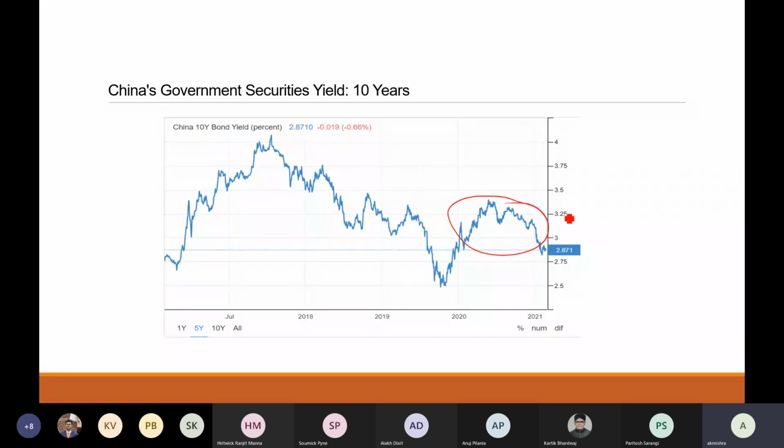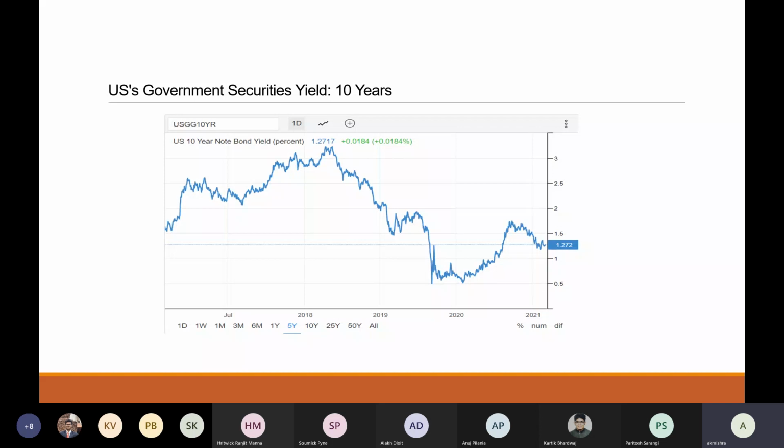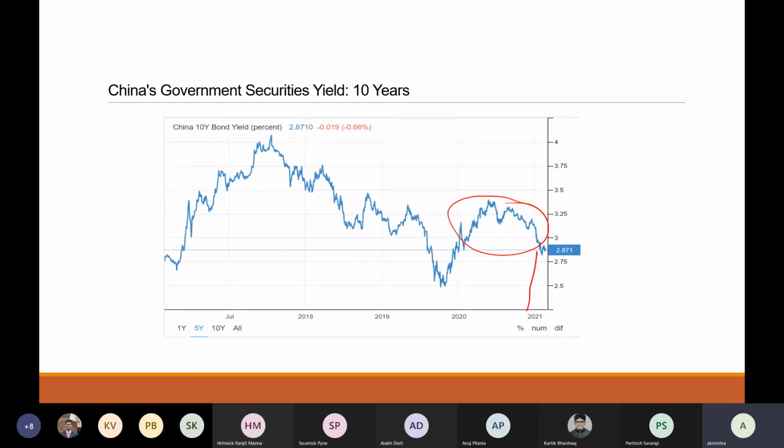So here you can see that during probably somewhere this period 2020 and 21, interest rates were around 3%. Rather than going to percent, just look at the trend, because in US rates are very different, whereas in China rates are very different.